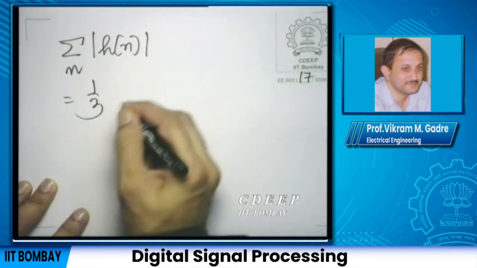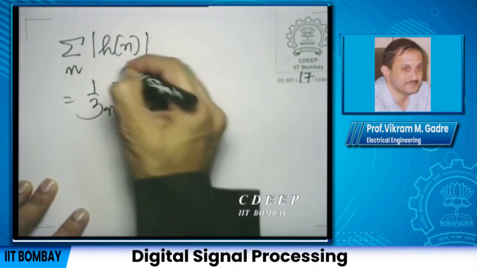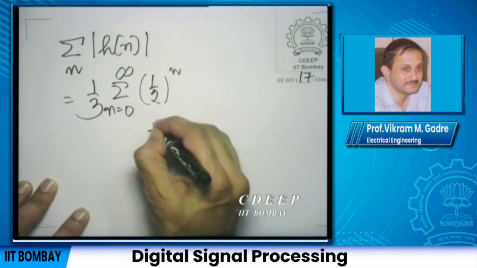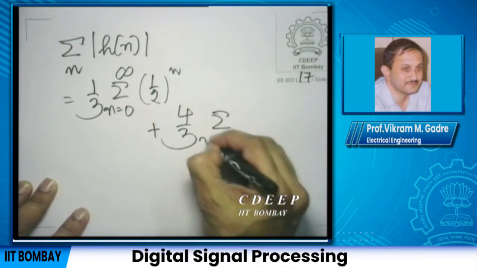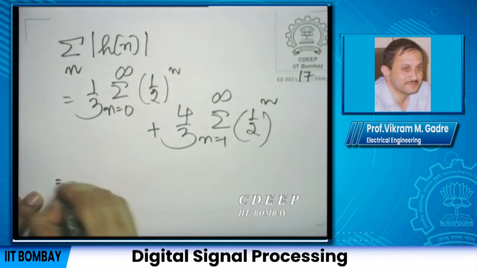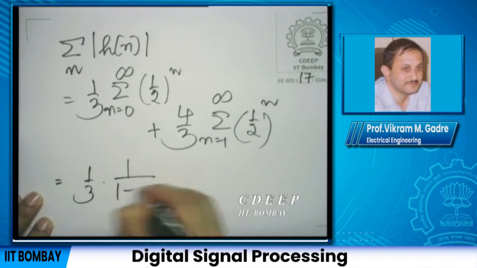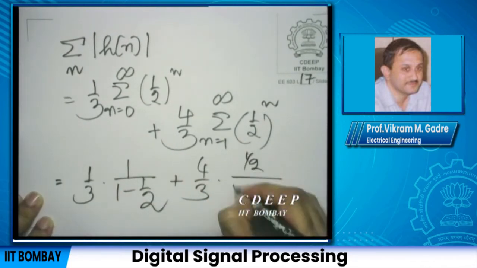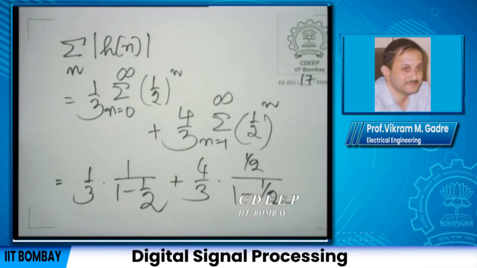It is 1 by 3 summation n going from 0 to infinity half raised to the n plus 4 by 3 summation n going from 1 to infinity again half raised to the n, and that is 1 by 3 times 1 by 1 minus half plus 4 by 3 into half into 1 by 1 minus half. And of course, you can simplify this, but anyway it is absolutely summable. So, clearly this system is stable.